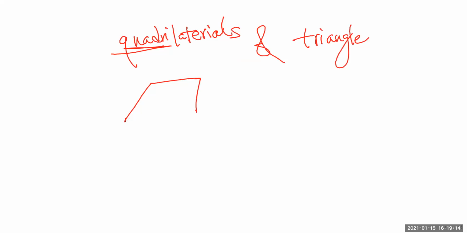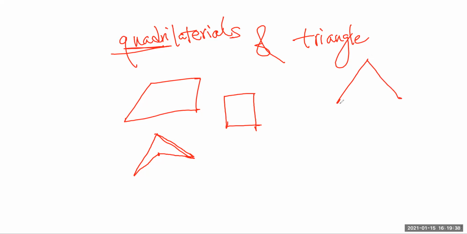It could be this, and could be this, and the strangest one is this. This is also a quadrilateral. It looks like an arrow, but if you look, we have four sides. And then we have triangles.